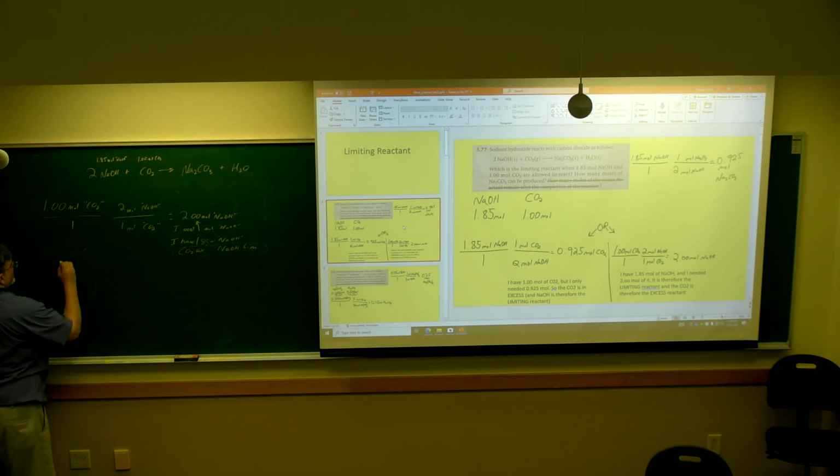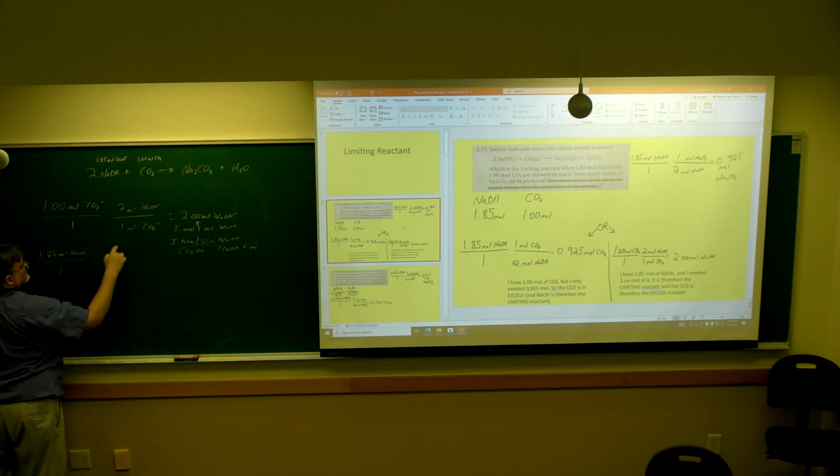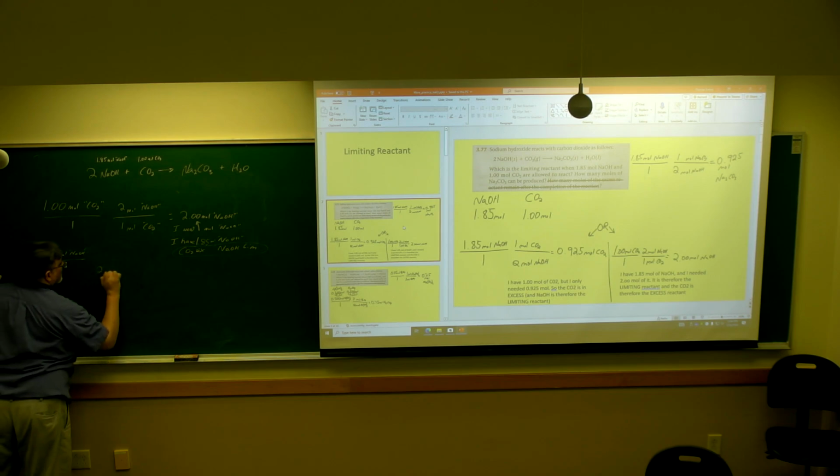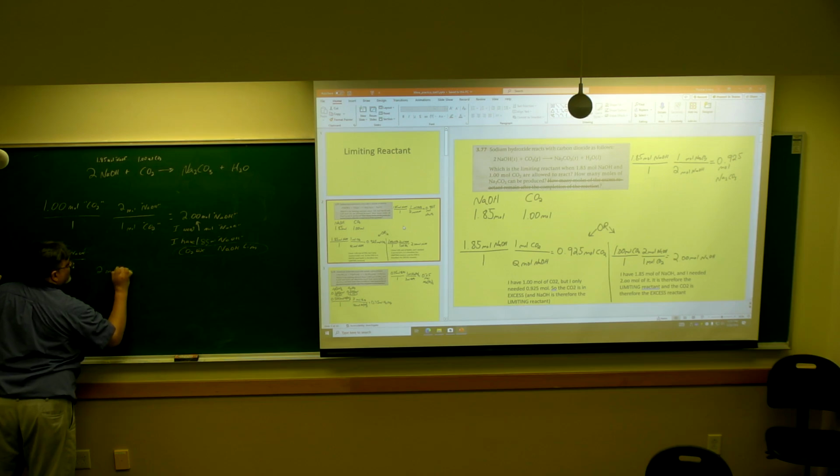But let's say we did NaOH first. 1.85 moles. Let's say we just picked NaOH. I'm going to use this, but I'm going to use it upside down. So 2 moles. In theory, we need 2 moles to 1 mole.